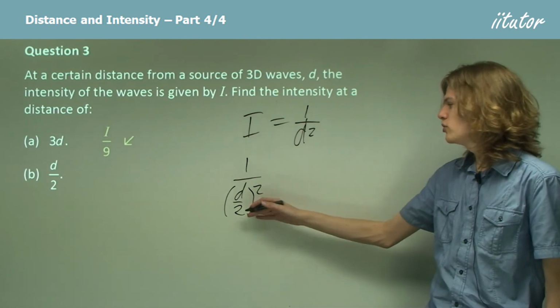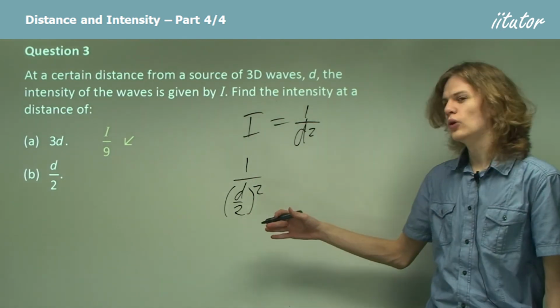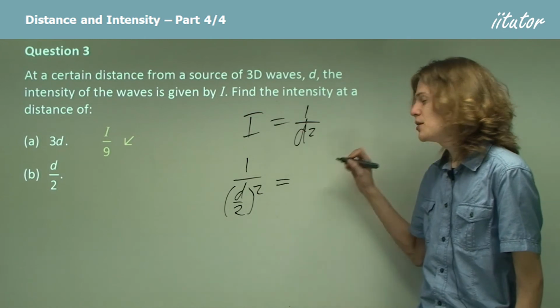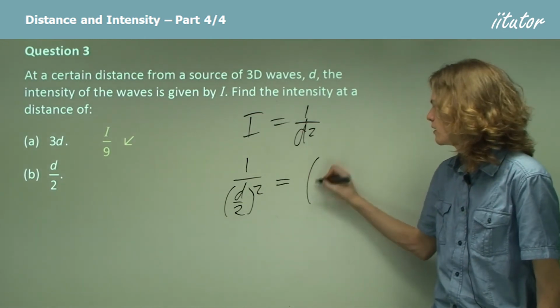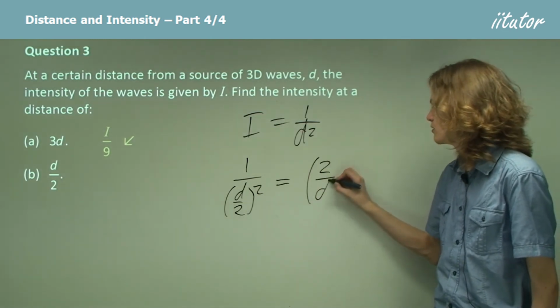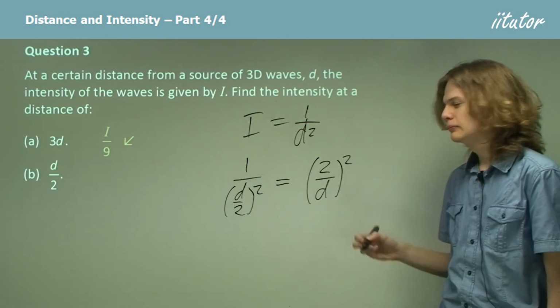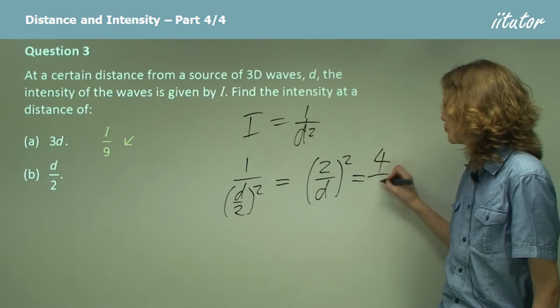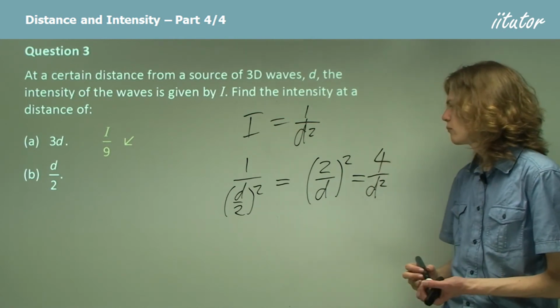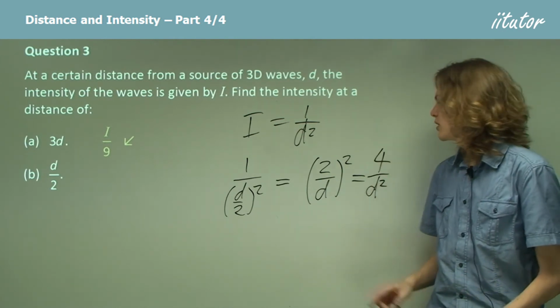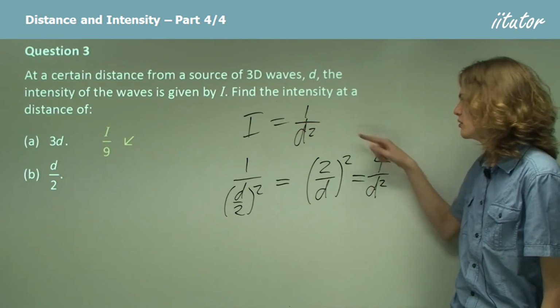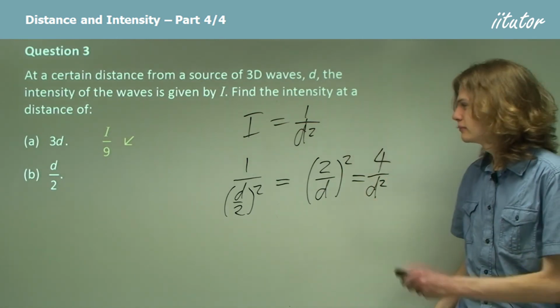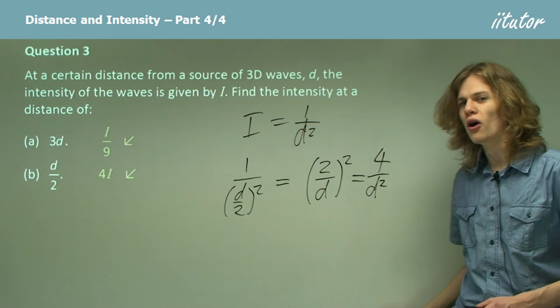If we take 1 divided by d on 2 squared, that's going to be the same as the same fraction reversed, right? So this will give us 4 on d squared. So the new intensity is 4 times greater than the original intensity. Our answer is 4I.